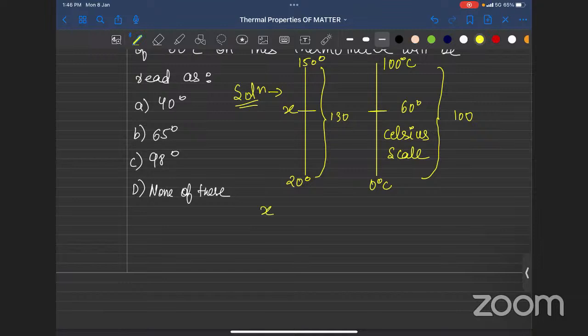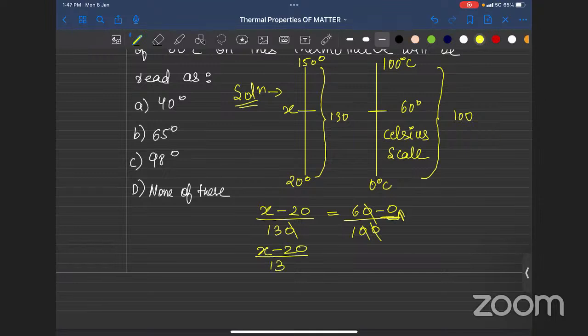Random temperature X minus the lowest temperature 20 upon total divisions 130 equals the constant, which is the random temperature 60 minus 0, upon total 100. So this goes on deletion, and this also goes because it is of no use here. So X minus 20 upon 13.